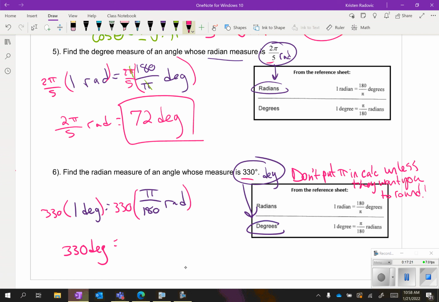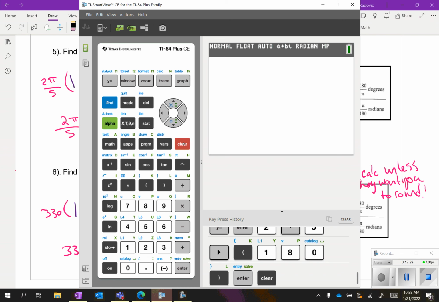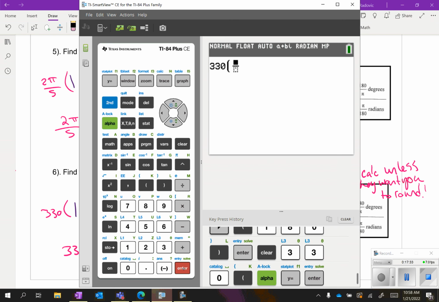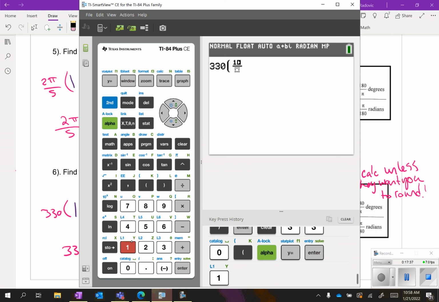So instead of putting pi in the calculator, we're going to leave out the pi. We're going to substitute it with a 1. So I have 330 times, alpha y equals, to get your fraction. We're not doing pi over 180. We're leaving the pi out, replacing it with a 1.